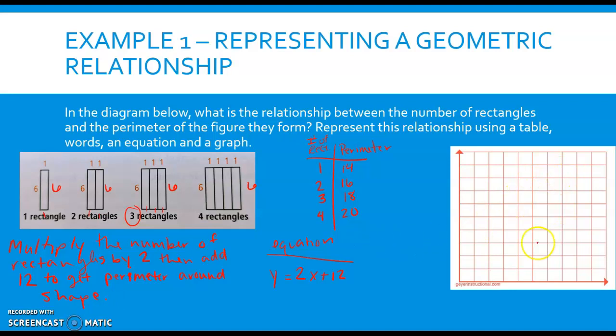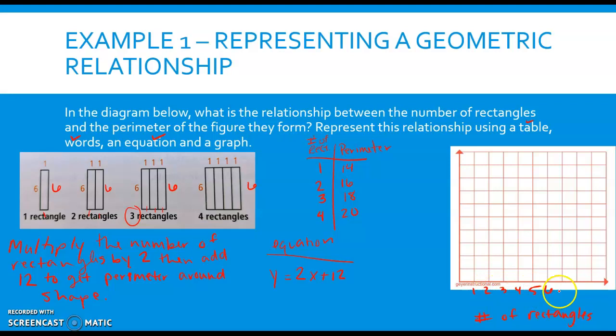So we've represented the relationship using a table, check. Using words, using an equation. Now we need to graph it. So our X value in this case is our number of rectangles. And we're going to count those by ones. So 1, 2, 3, 4.